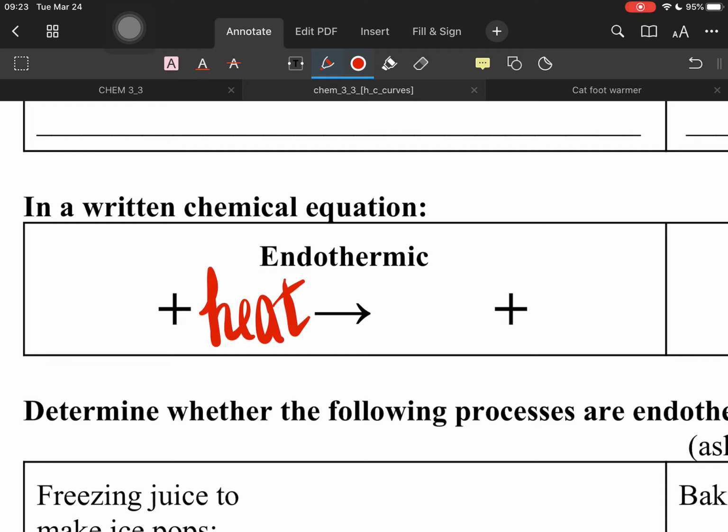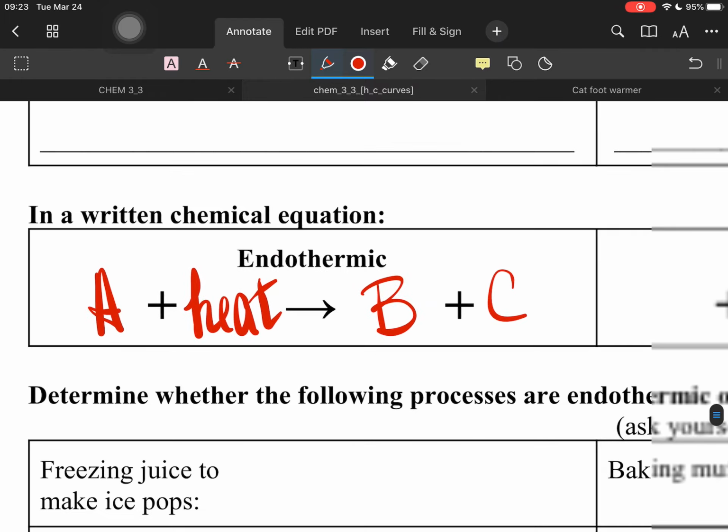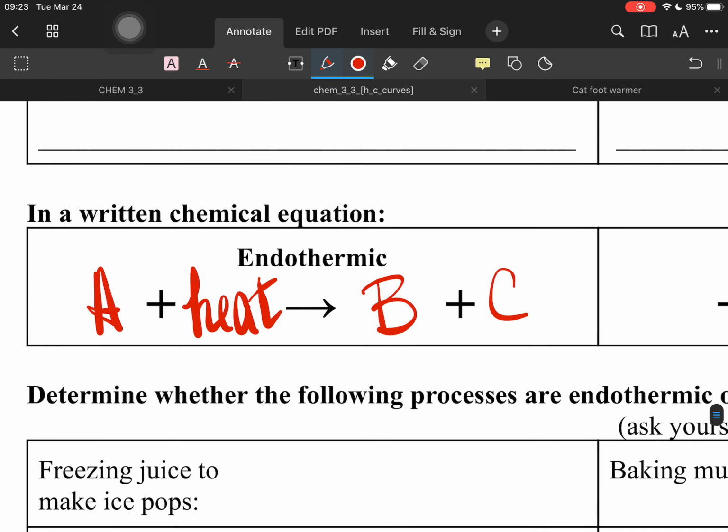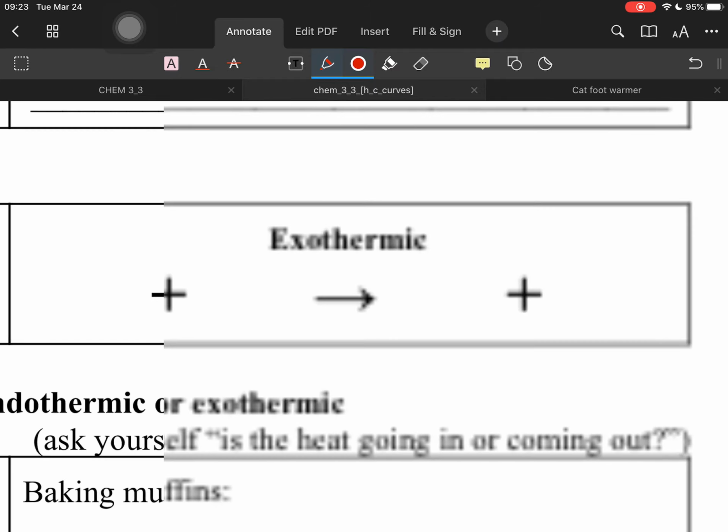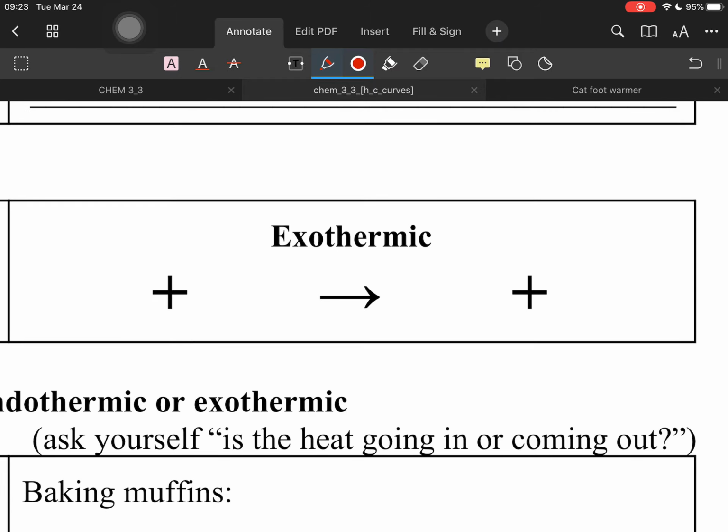Put the cake into the oven. Out pops a cake. So heat, right, we'll put A, B, C, whatever. Doesn't matter what those letters are, just saying that there are other things in the chemical equation, like chemicals. All right, exothermic, right? So if it's going in on the left-hand side, coming out would be on the right-hand side.